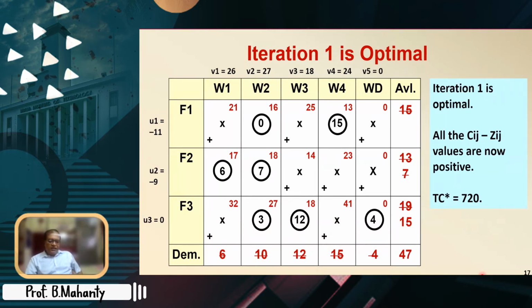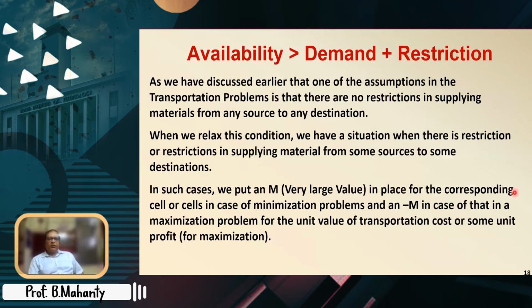The second method is let the Vogel's method itself decide where to put the 0, and that can be done by filling up only one of the row or the column when both get satisfied, and put a 0 value in the corresponding availability or demand, as the case may be, and continue and put a 0 at the appropriate place. Right. So this is how these kind of problems are solved.